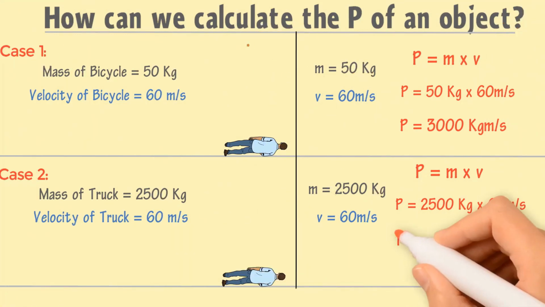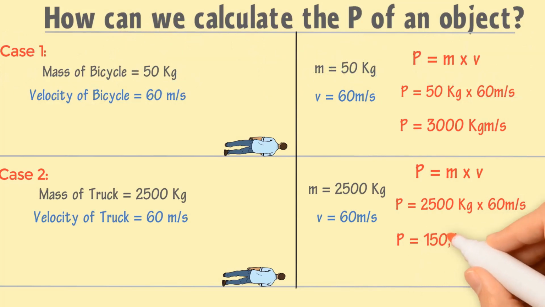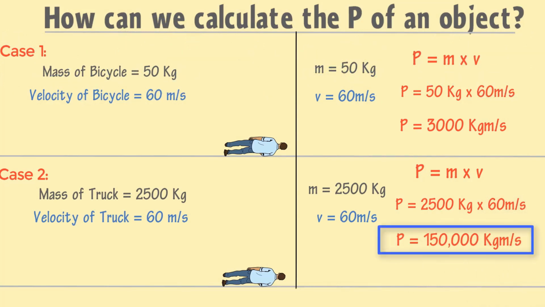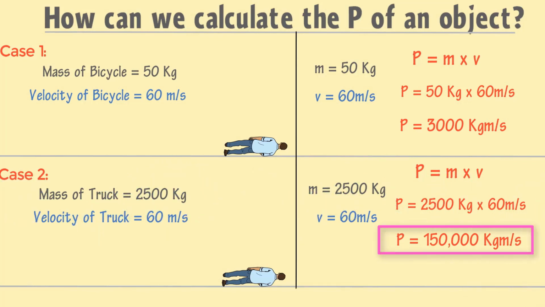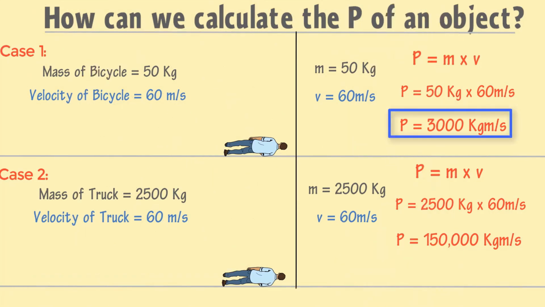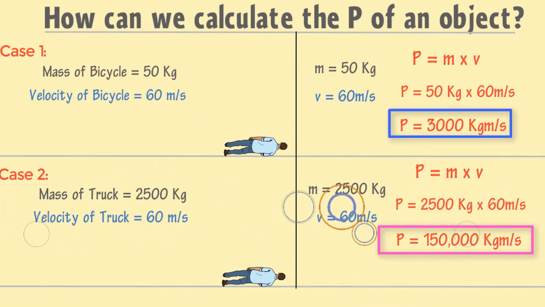We get p is equal to 150,000 kg meter per second. So the momentum of the truck is 150,000 kg meter per second. This shows that the momentum of a bicycle is smaller than the momentum of a truck.